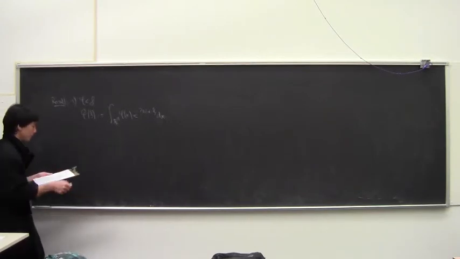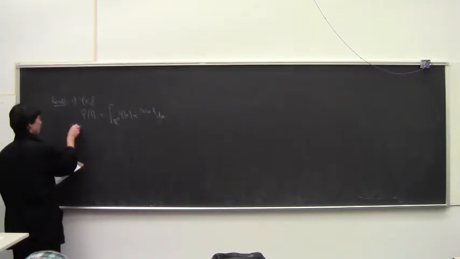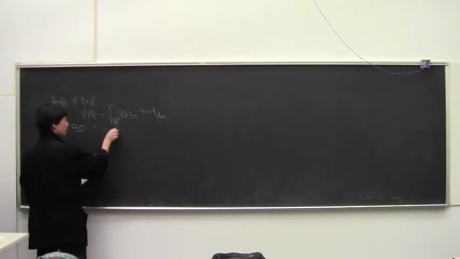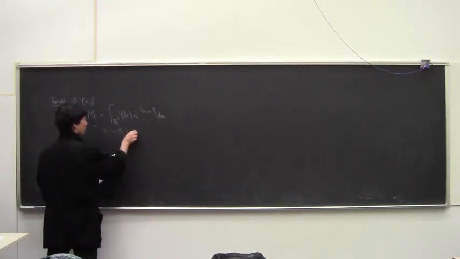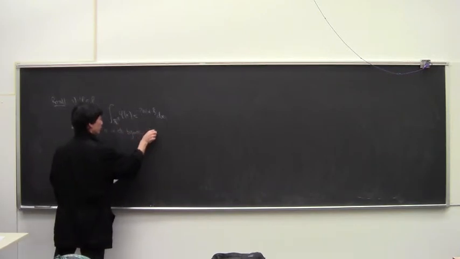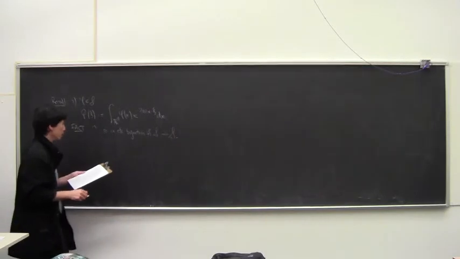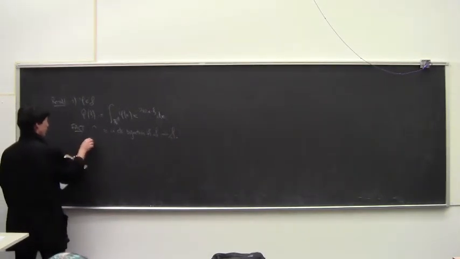The Fourier transform is a continuous bijection of the Schwartz class into the Schwartz class, and it has an inverse, right?